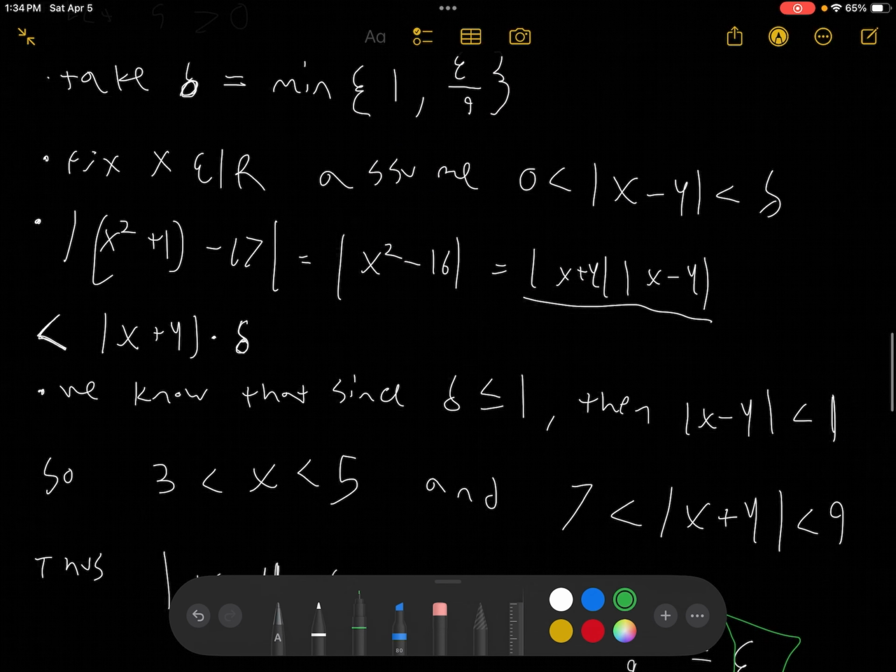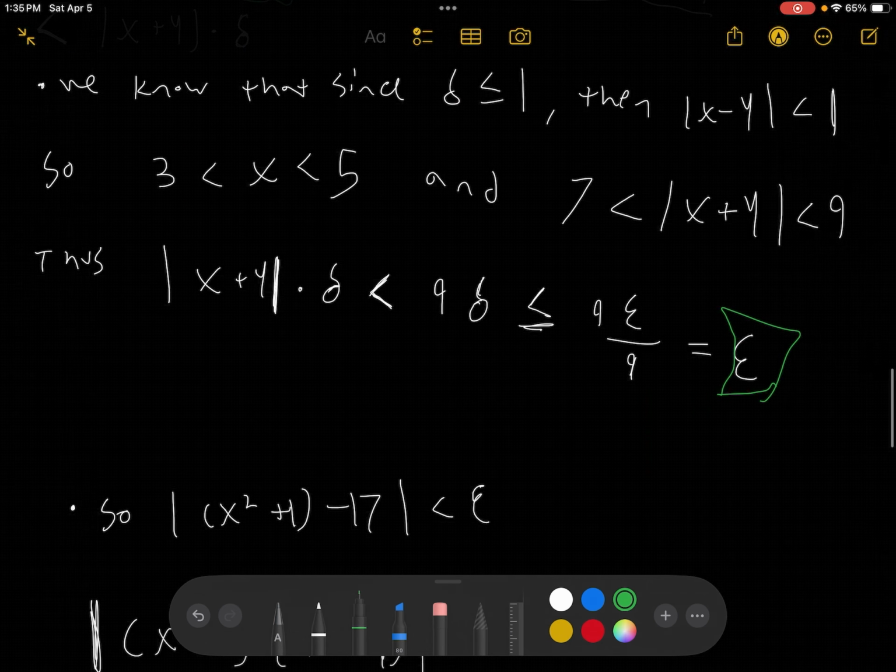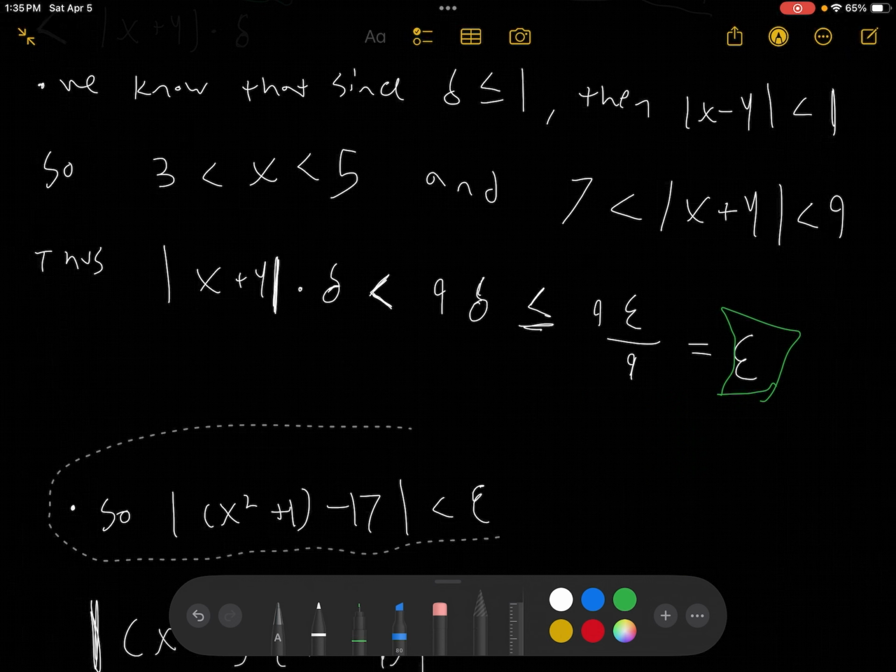So we have found that our original expression is less than epsilon, and that's all we needed to do.